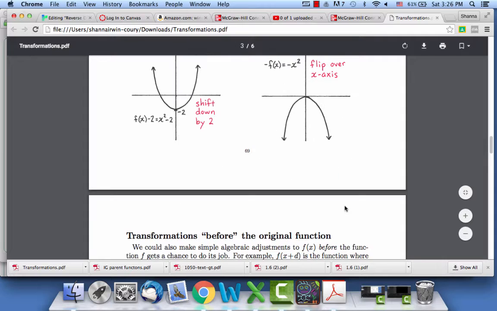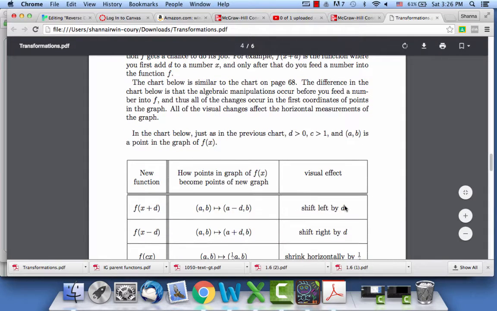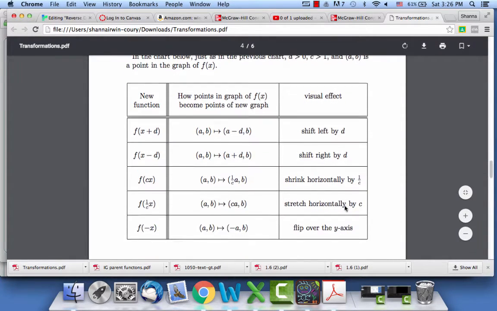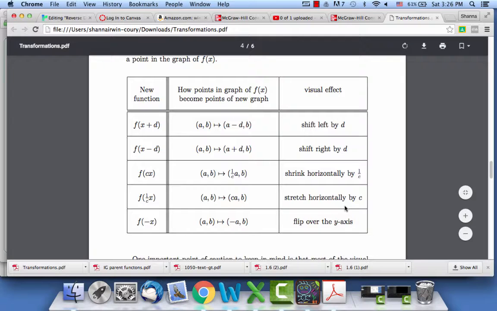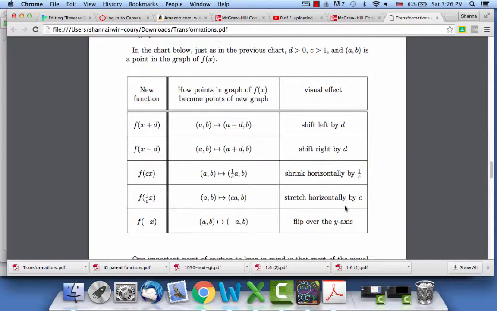Now, what happens is that the ones before the function are the ones next to x. Because if I saw f of x plus 3 and then I plugged in 4, I would do the 4 plus 3 first before doing the function. Same thing if I saw f of 4x and then you said x is 2.